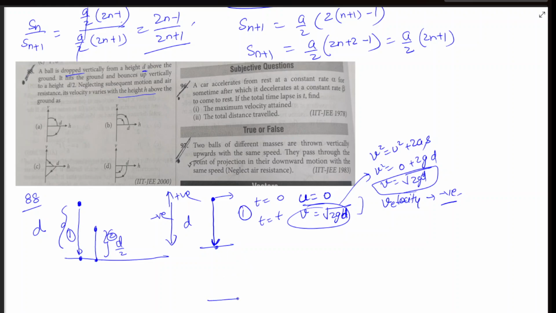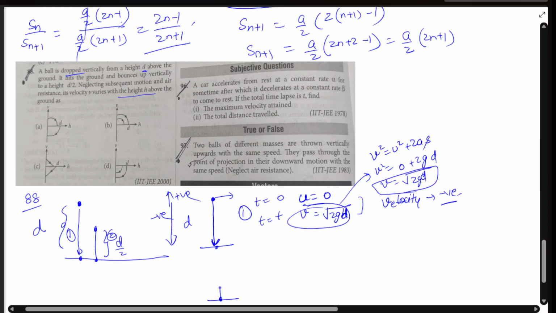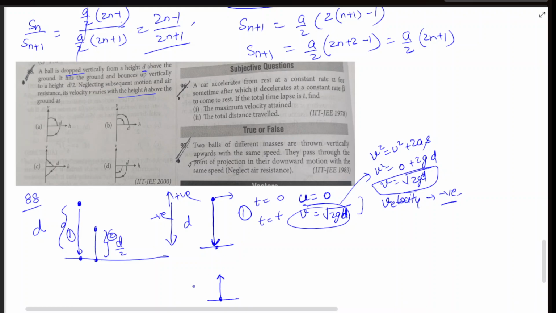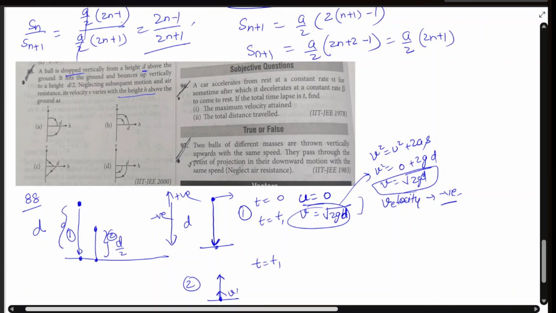For the second path, from here it is going up, right? At the same moment it hits, call it t1, the velocity will be some v dash.